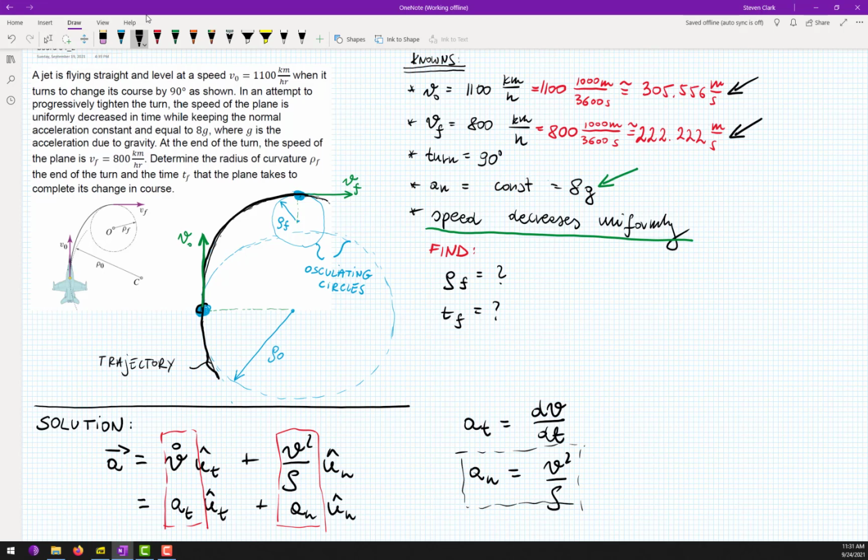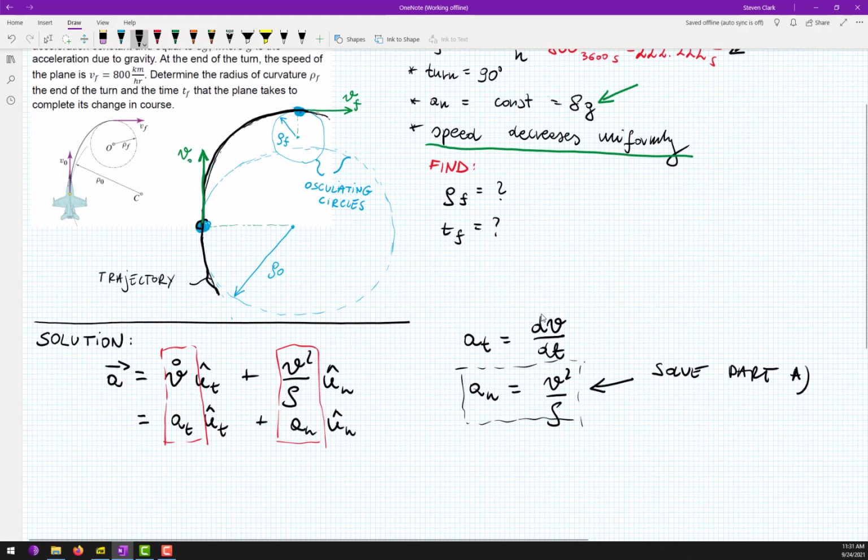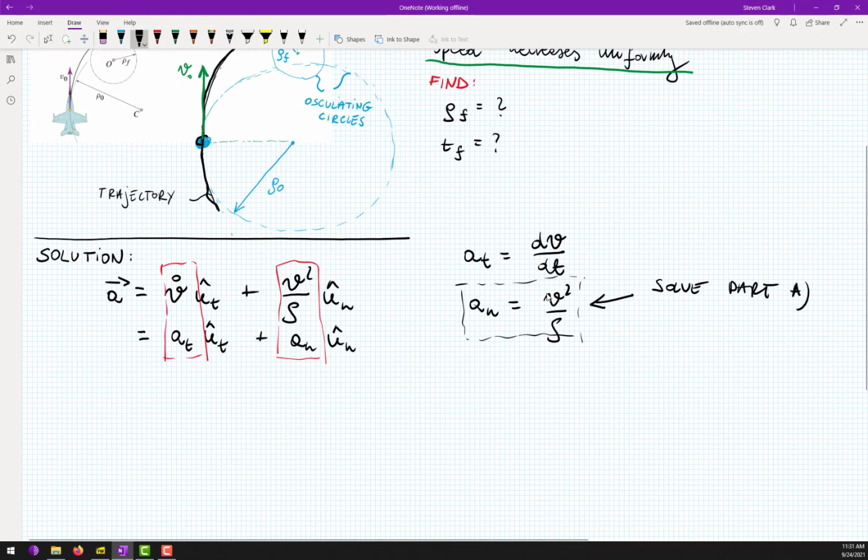And I would like to use the second expression to solve part A. Because they told us that AN is constant, and this is equal to 8G.